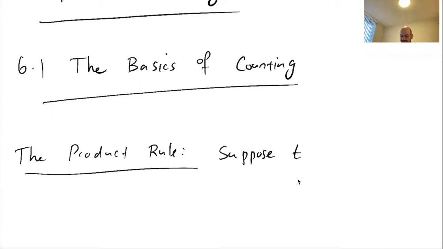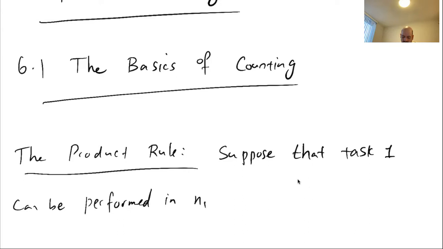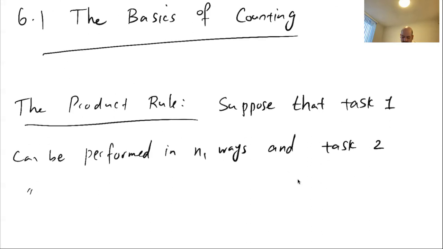So suppose that task 1 can be performed in, let's say, N1 ways, and task 2 can be performed, let's say, in N2 ways.